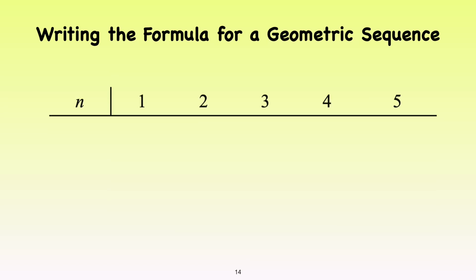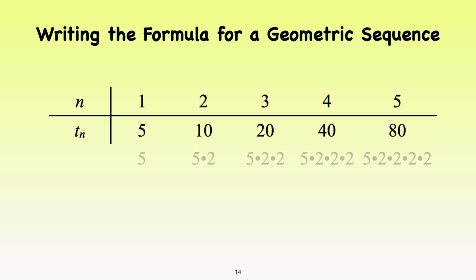Here's a geometric sequence. These are easier to write than arithmetic sequences. First, notice that each term in this sequence is doubled. The ratio between the terms is 2, and then notice that the ratio is powered up for successive terms.